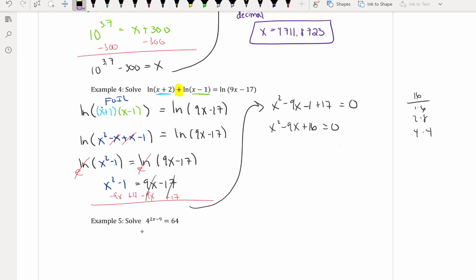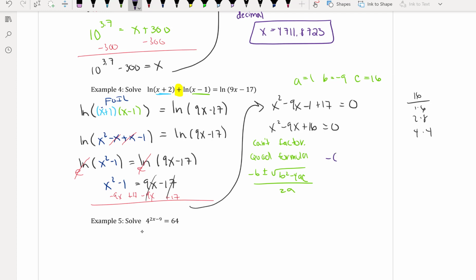So if it can't be factored, then what you do is you use the quadratic formula. So can't factor, try the quadratic formula, which is negative b plus or minus the square root of b squared minus 4ac, all over 2a. So here my a would be 1, my b is negative 9, and my c is positive 16.